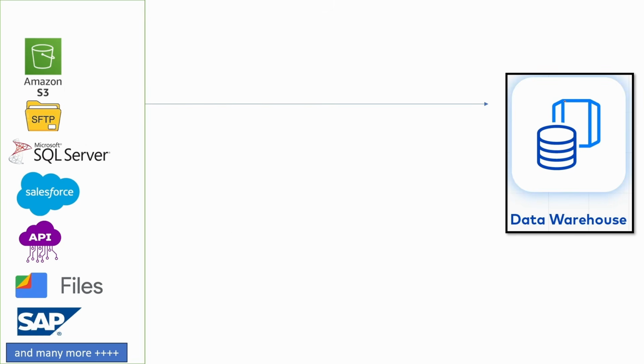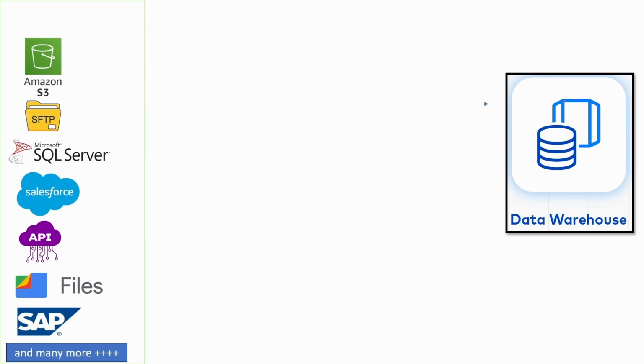Okay. Now, as we were just discussing, on the left side, let's suppose we are having tons of data stored in multiple sources like Amazon S3, SFTP, SQL Server, Salesforce, SharePoint, API, files, SAP, and many more systems.